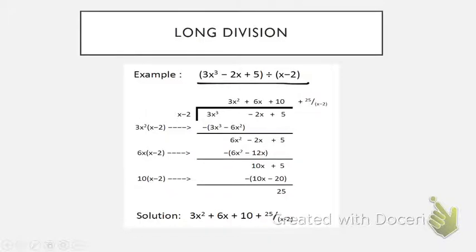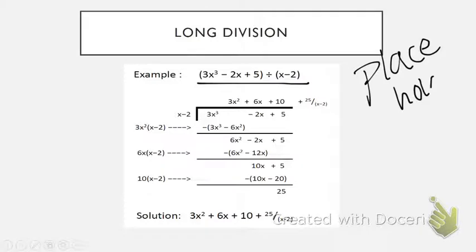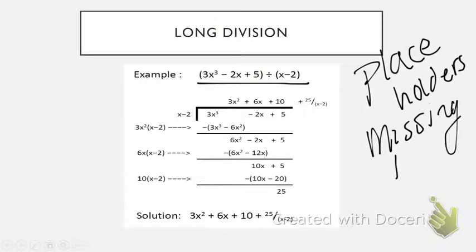If you notice, you always have to check whenever you're doing division, okay? Whenever you're doing division, you need to make sure you look out for placeholders. What does that mean? Missing terms. If you're missing terms, you need to put a 0x in there, or 0x squared, or 0x cubed. All right?